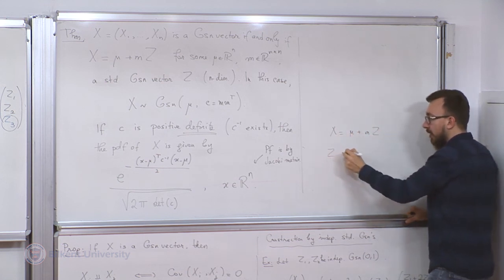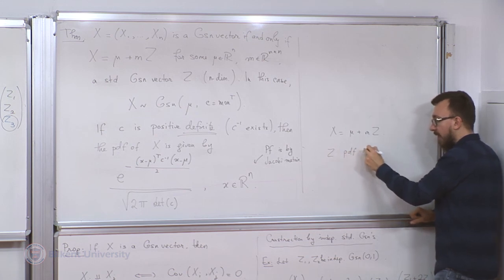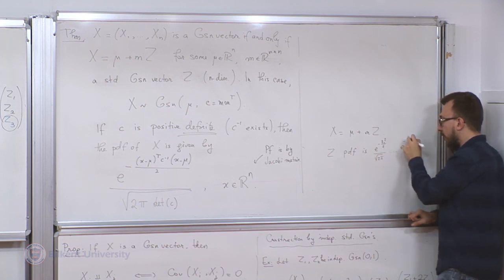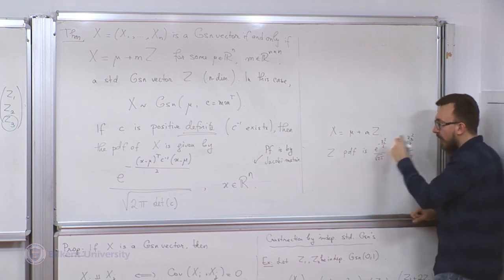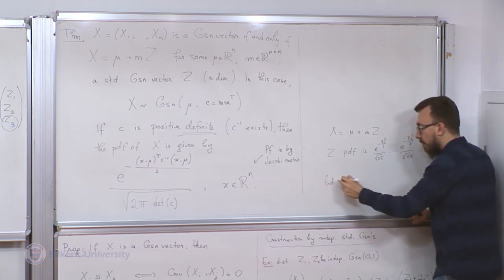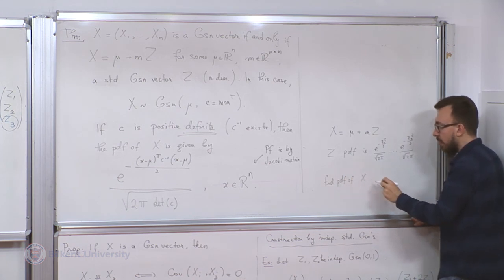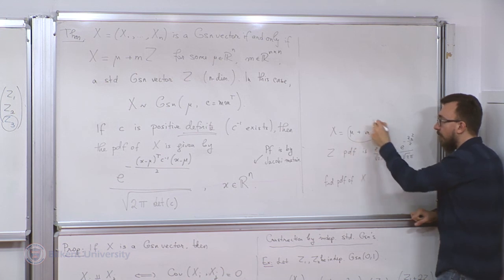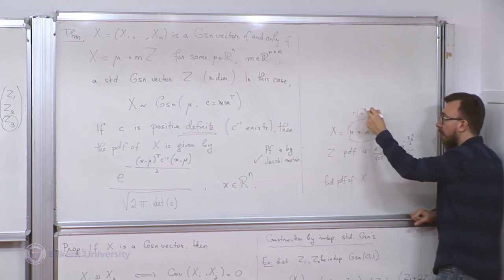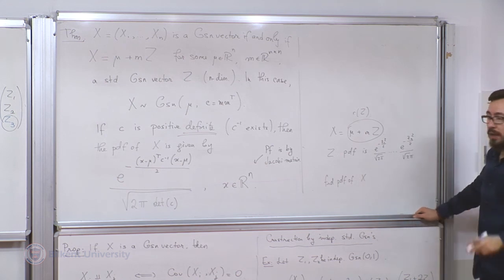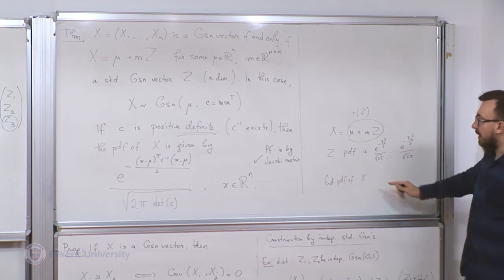We know the density of Z. The PDF is just e to negative Z1 squared over 2, dot, dot, dot, e to negative Zn squared over 2. And then find the PDF of X. So this is your transformation. So find the corresponding Jacobian and prove that the density has this form.